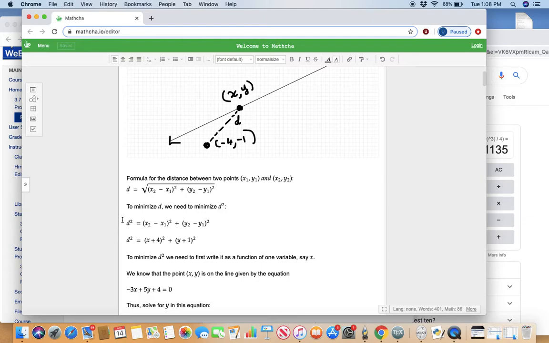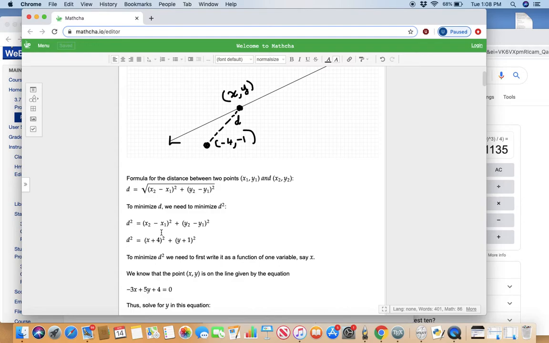Who is x1, y1, x2, y2 in our picture? Well, let's call this the first point, x1, y1, and let's call this the second point, negative 4, negative 1. So what's the distance between these 2 points? I'm taking the square of the distance, mind you. So x minus negative 4 gives me x plus 4 quantity squared, plus y minus negative 1 gives me y plus 1 quantity squared.